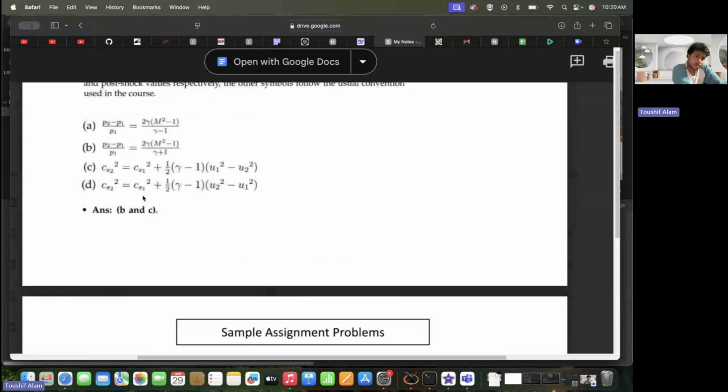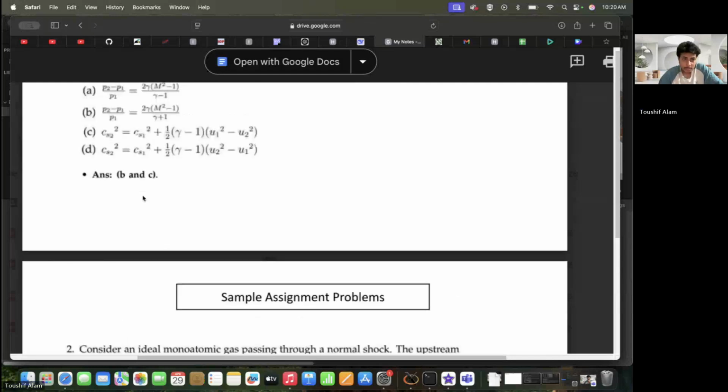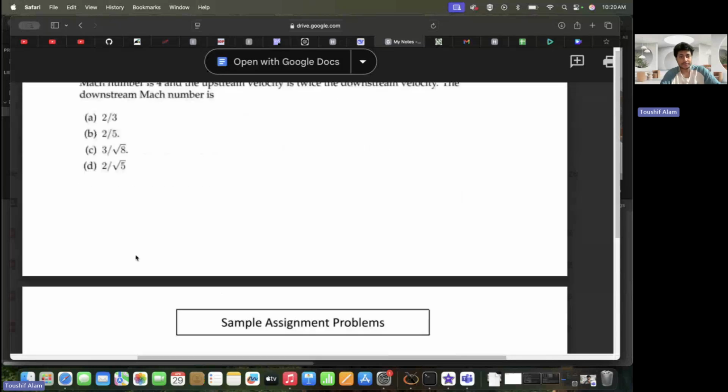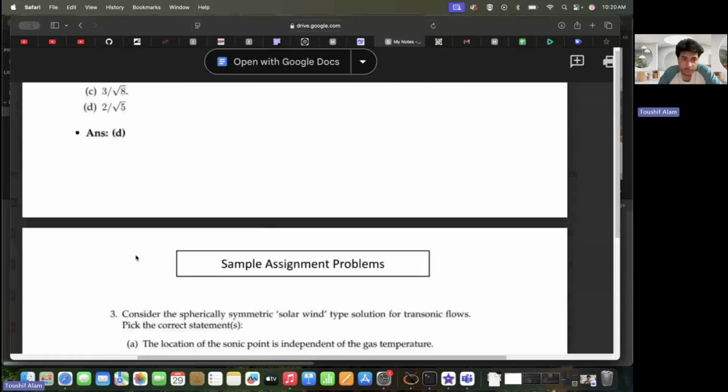So 4 M1 squared, 4 M1 squared, and then minus 1. It will be 2 by root 5. Do this calculation.